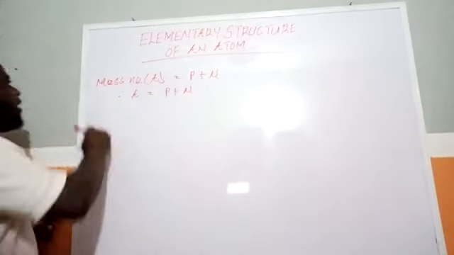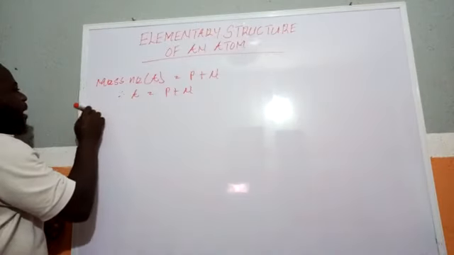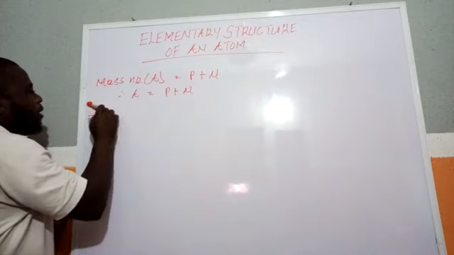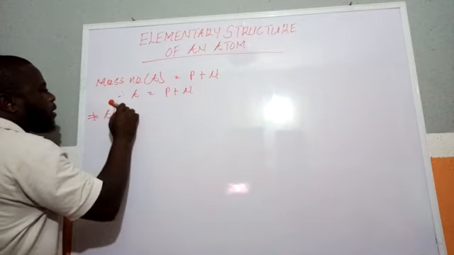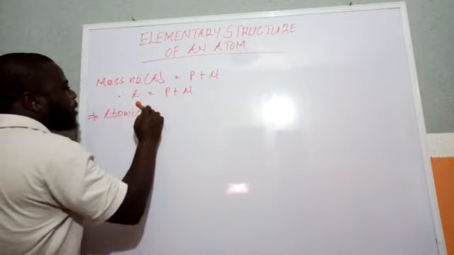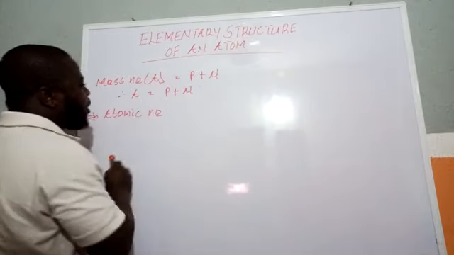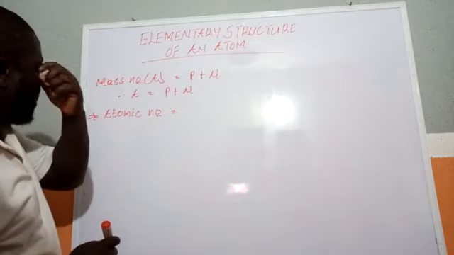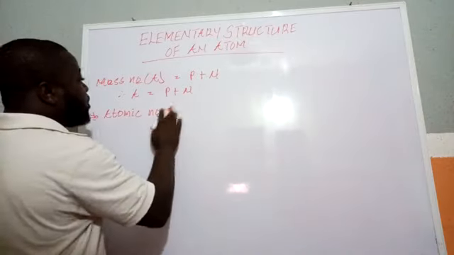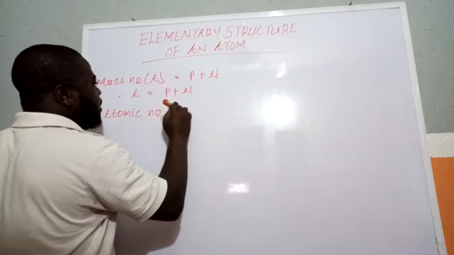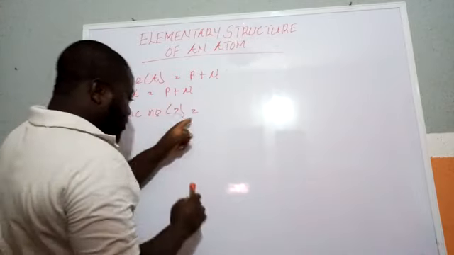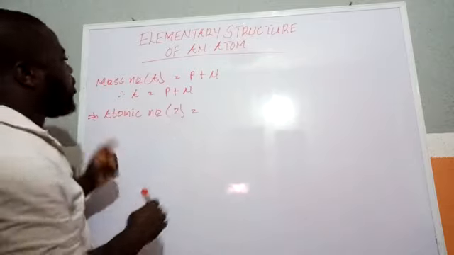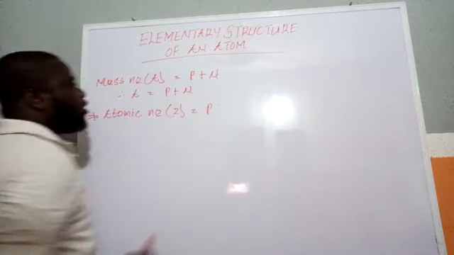Now, let me go back to atomic number, which is Z. Atomic number, Z, is equal to the number of protons in the nucleus of an element.